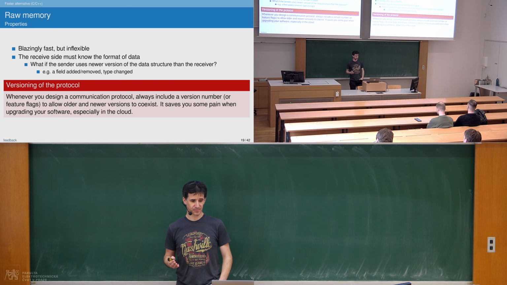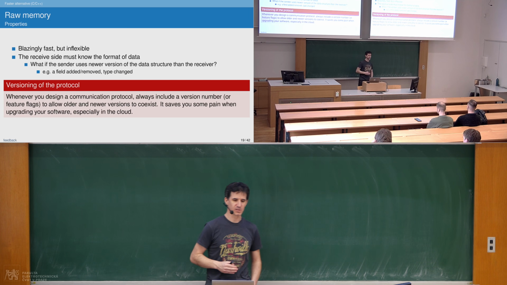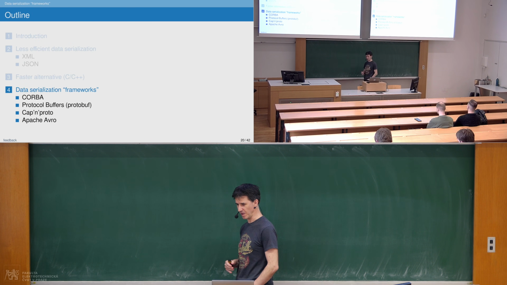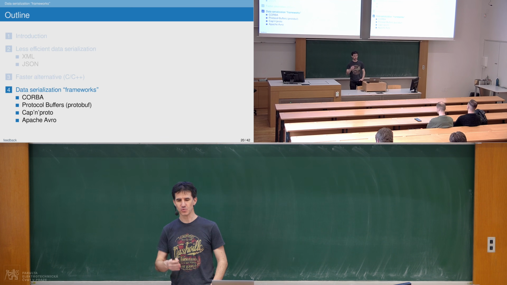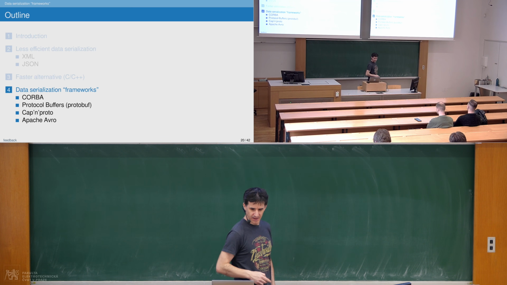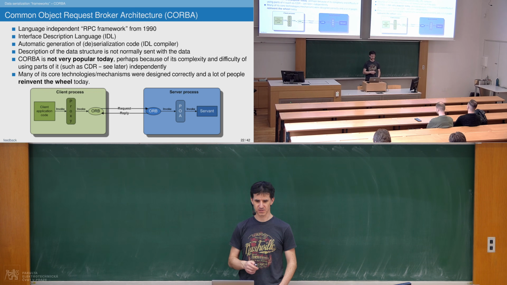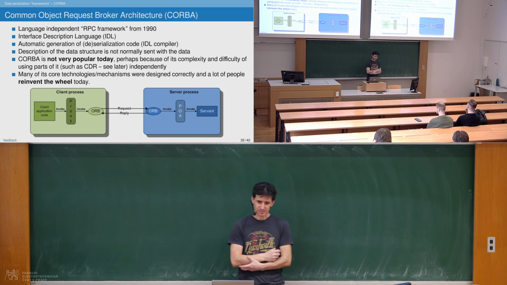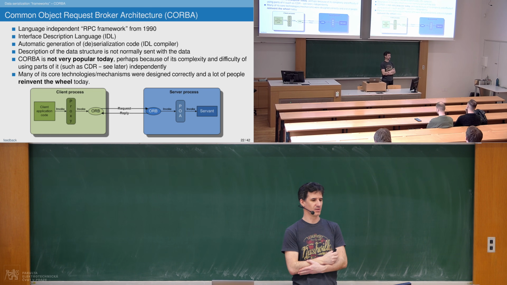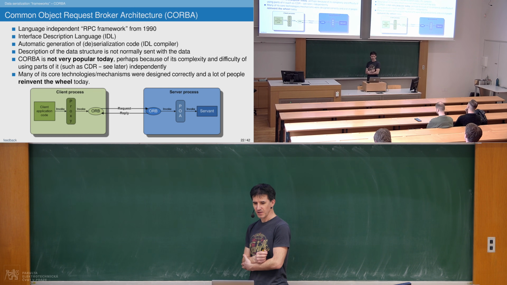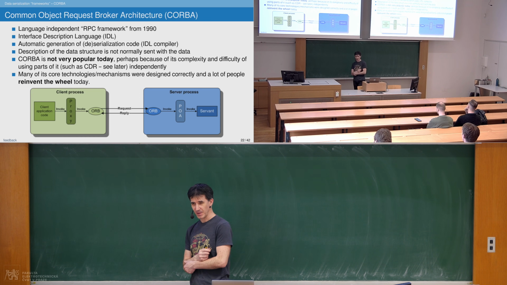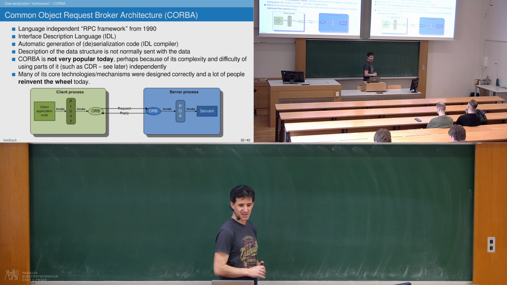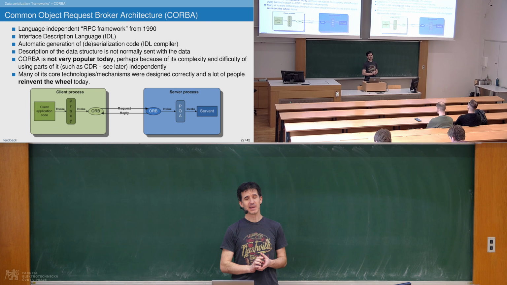So as I have already mentioned, doing all of this manually is quite tedious. So we have data serialization frameworks which do all these things automatically for you, and let's talk about them. One of those frameworks, which originated in the 90s of the last century, is called Corba. It's no longer used or popular nowadays, but interestingly, it had many things right.